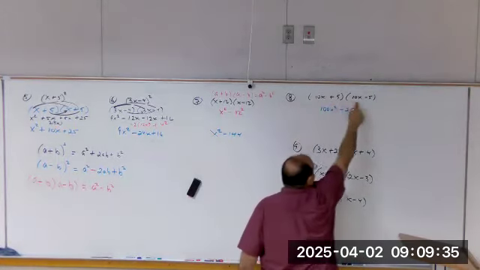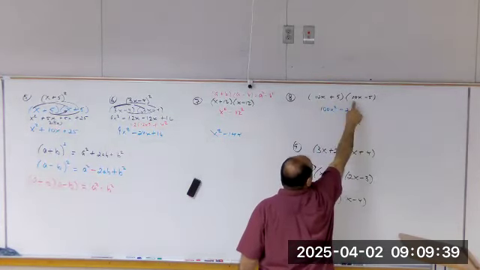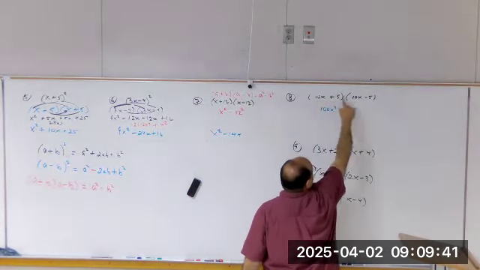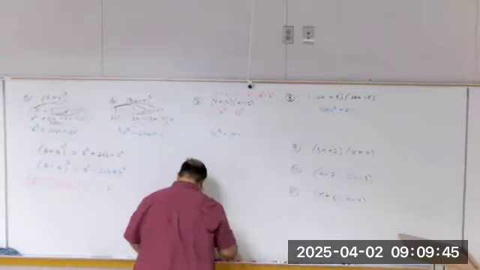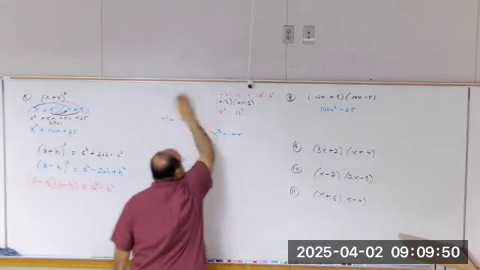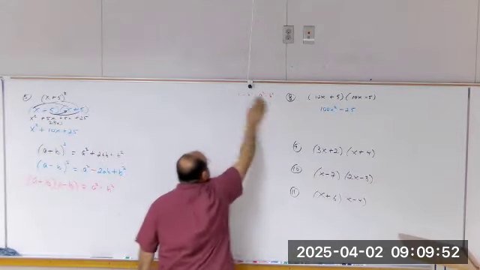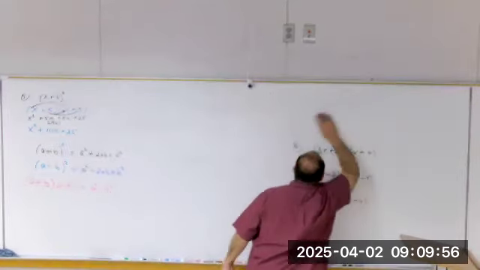Same thing here, 10x times 10x, 100x squared, and then in the middle, we have negative 50, positive 50, that cancels out. Positive 5, negative 25. Nine, 10, and 11.